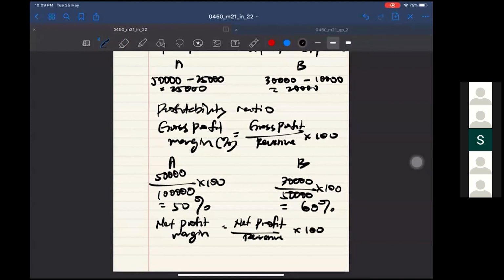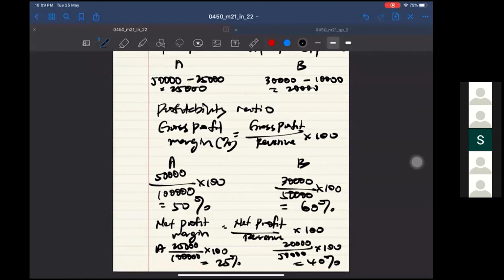For order A, net profit is 25,000 over your 100,000 revenue times 100, so you get 25%. For order B, 20,000 over your 50,000 revenue, then times 100, so it's 40%.